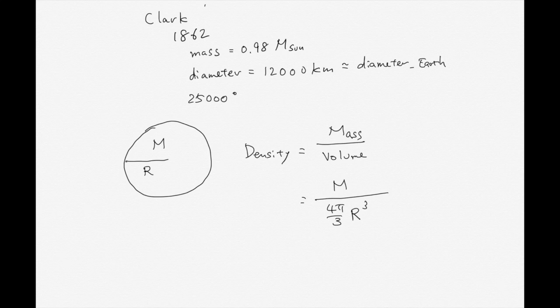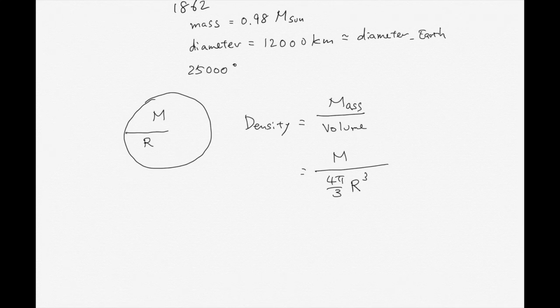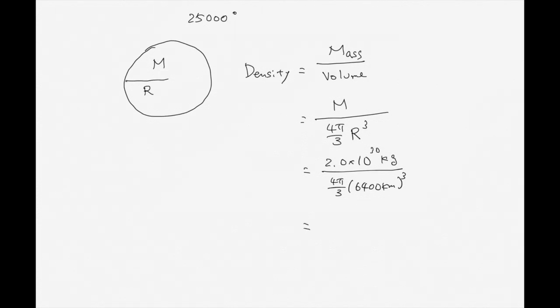This is the volume. Then you can substitute the solar mass, 2.0 times 10 to the 30 kilograms, divided by 4 pi over 3 times 6,400 kilometers cubed. Then you can find the density of a white dwarf. It becomes 1.8 times 10 to the 3 kilograms per cubic centimeter.